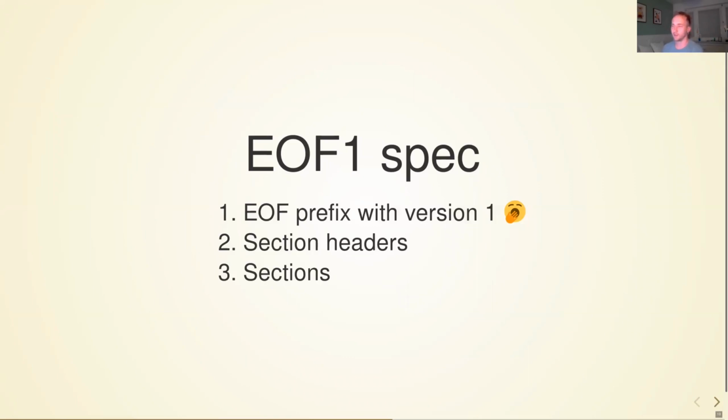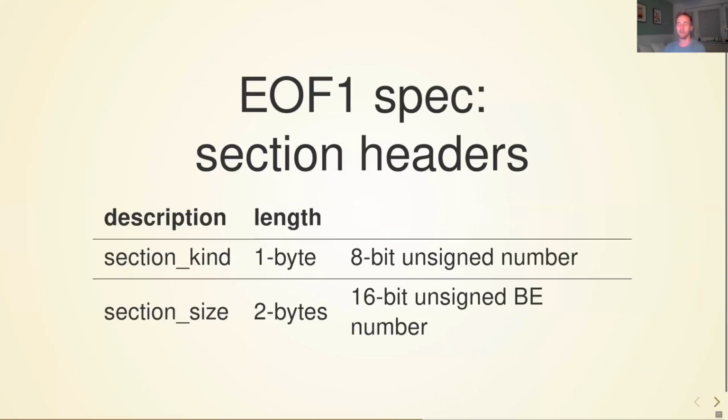The second part is section headers that define what sections come after, and each section is the kind of payload. So it creates a container that is similar to many other computer science specifications.